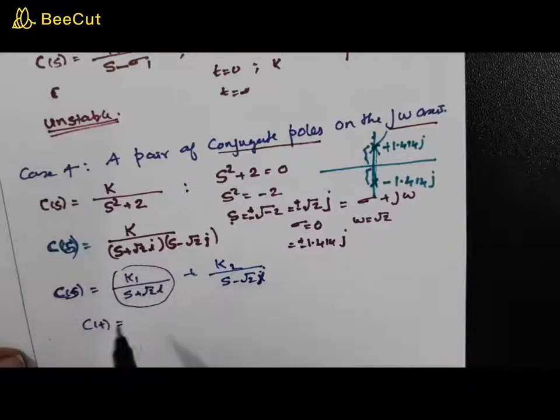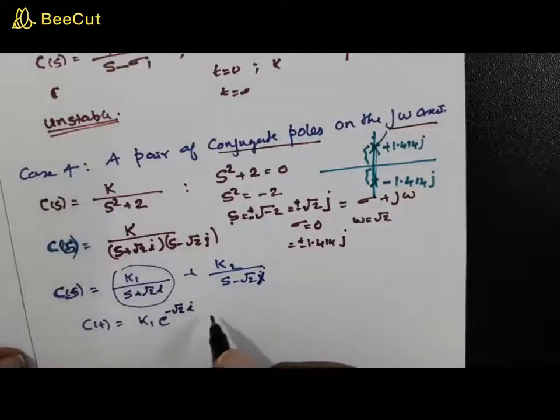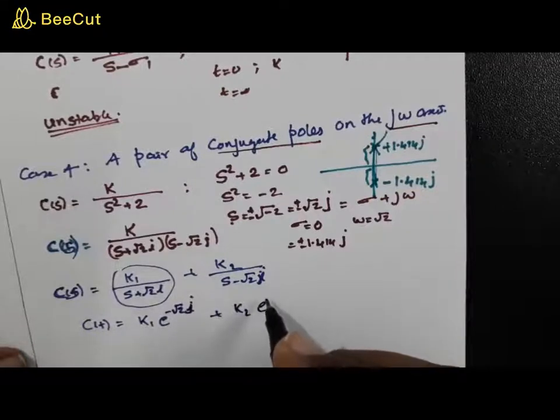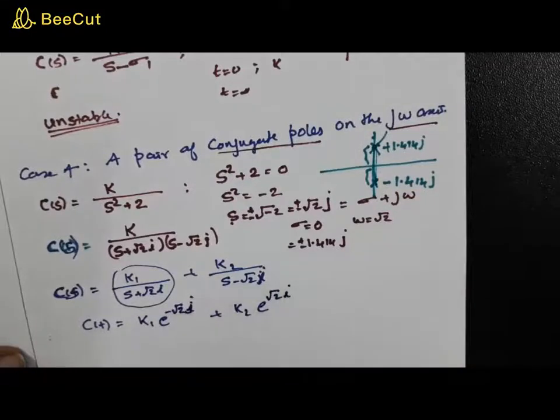What will be the inverse? This will be k1 into e raised to minus root 2 j t, plus k2 into e raised to plus root 2 j t.